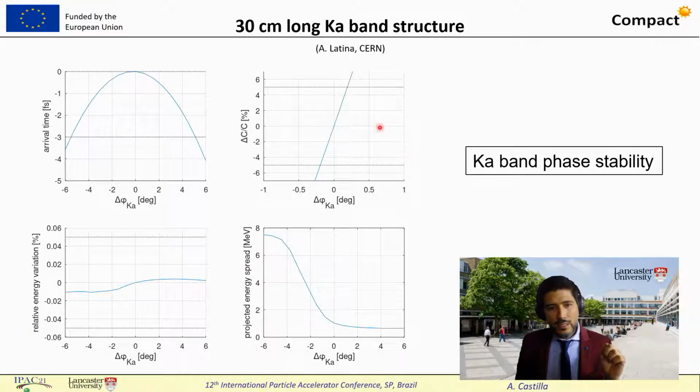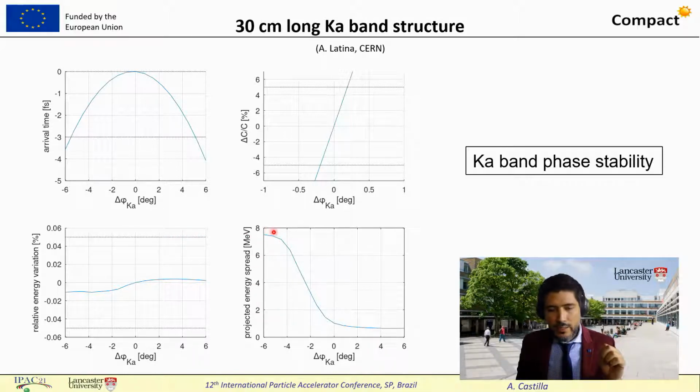And we can see between these dotted lines that are perhaps not very visible for you, as long as we are within these two lines, we are good, let's say. So all this variation will be safe up to here. The relative energy variation is way clear from the limitations that we have.